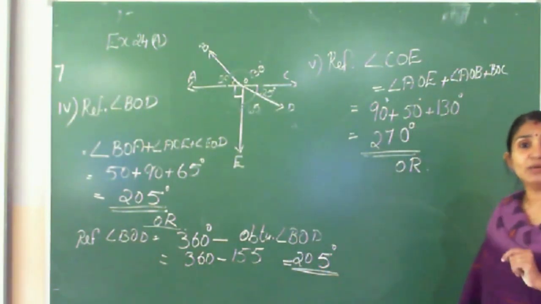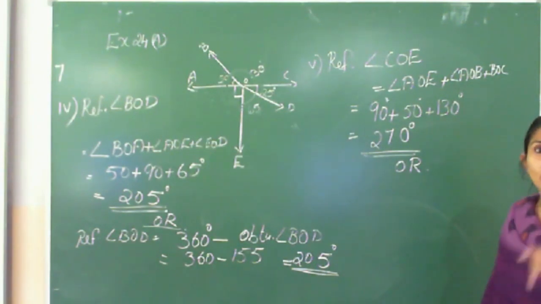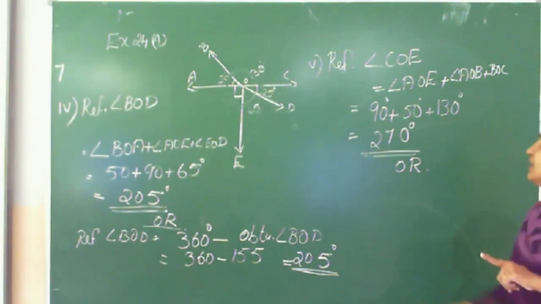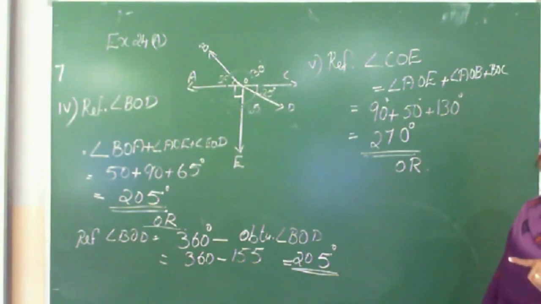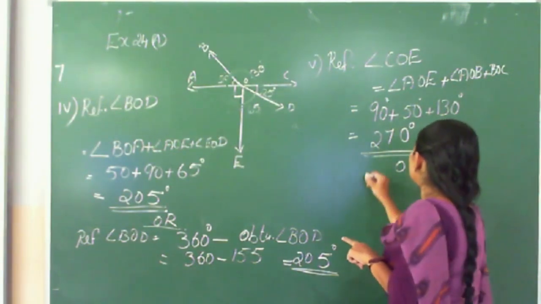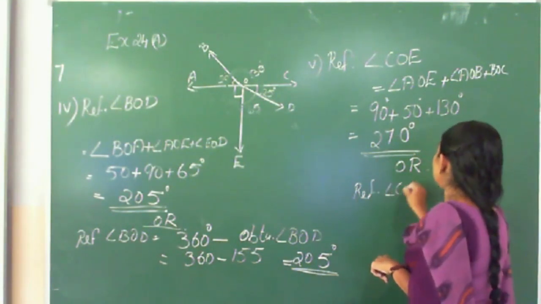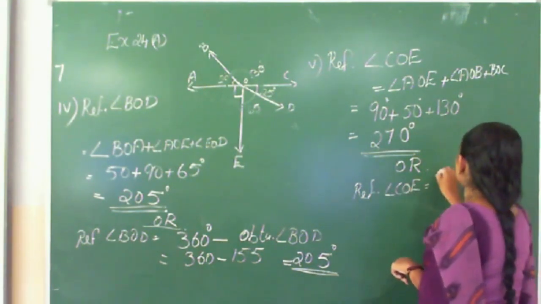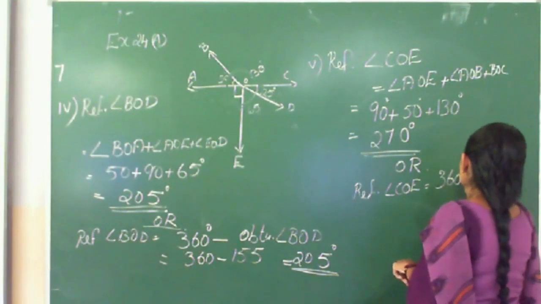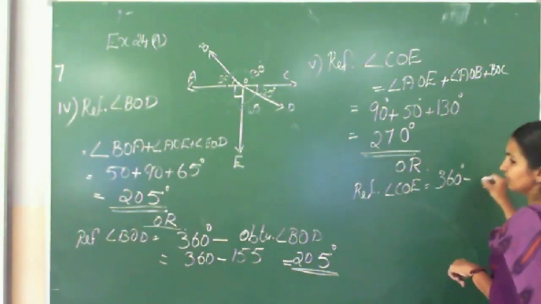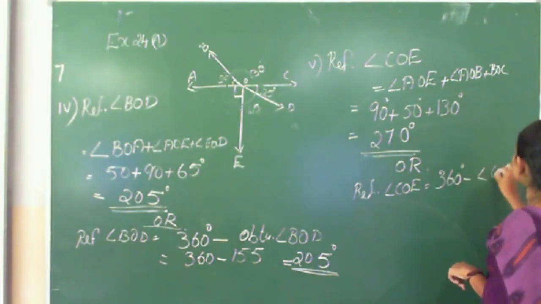One more method. What is that one more method? From the total, that is from 360 degree, subtract the obtuse angle of this one. So reflex angle COE is equal to, from 360 degree we want to subtract which angle?